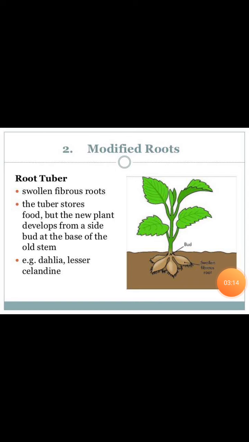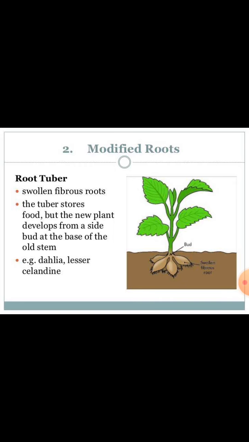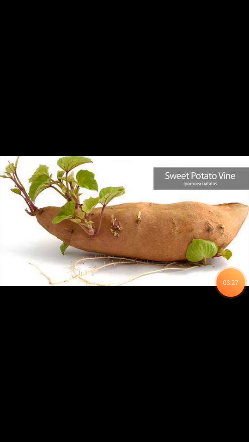Some swollen roots, for example Dahlia, develop new plants based on the old tubers. And sweet potato, I already told you, Ipomoea batatas. In some tuberous roots the adventitious buds develop into buds.